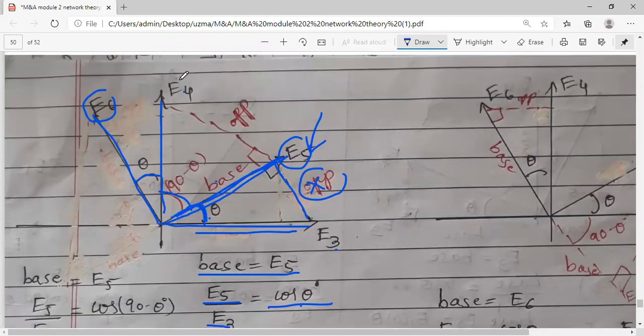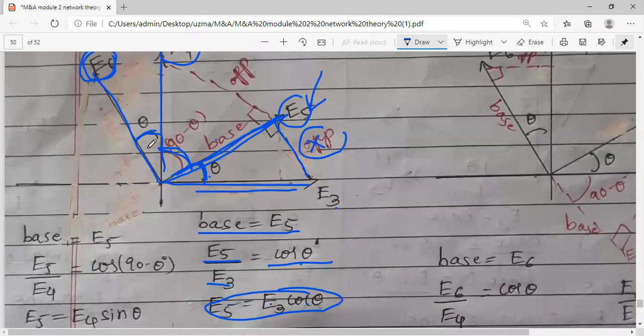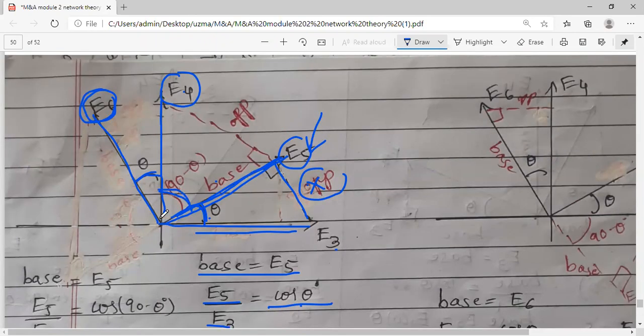Similarly, coming to this triangle, I want to express E5 in terms of E4. This is the angle theta. This is 90 minus theta. Let me take this triangle. Sorry, not E6, I'm still on E5 only. E5 is your base. I want to express E5 in terms of E3 and E4.